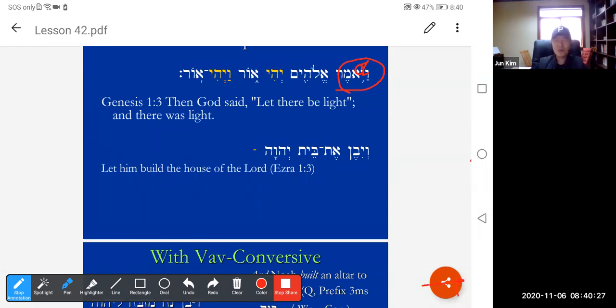This is the most commonly used verb in the Bible, so then you will not even be required to analyze it anymore. But anyway, vayomer means what? Amar, qal, prefix, 3MSG, verb conversive, and he said. Who is saying? Elohim, so God.